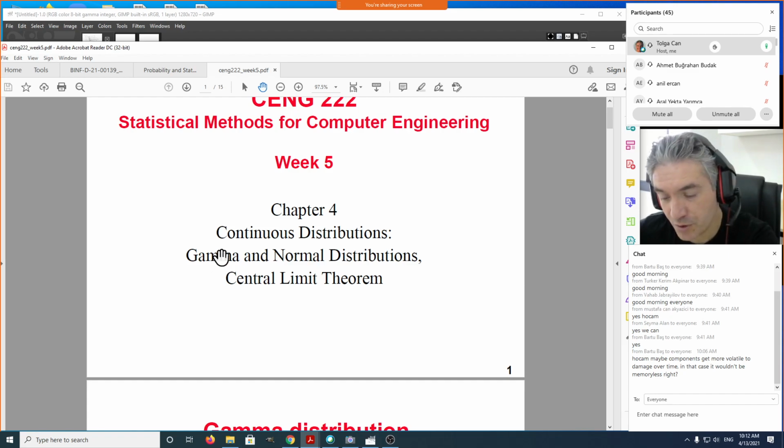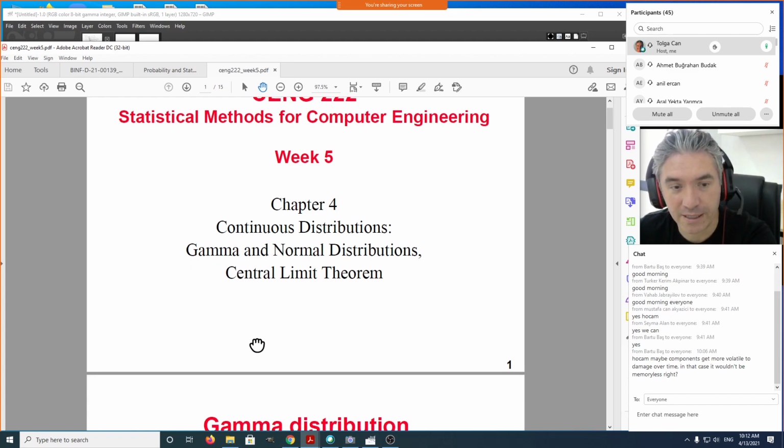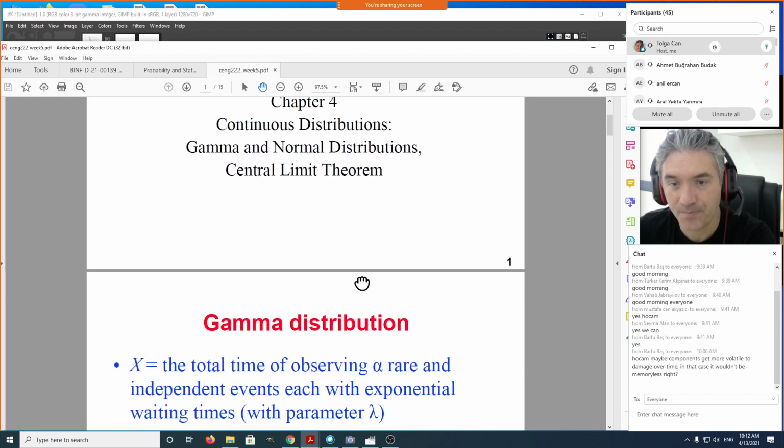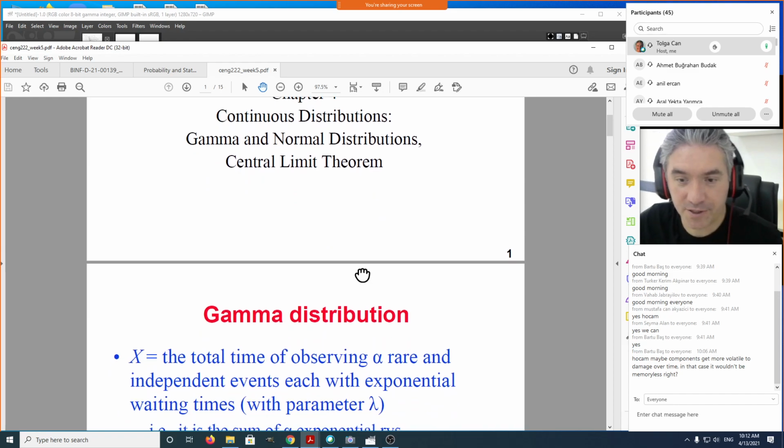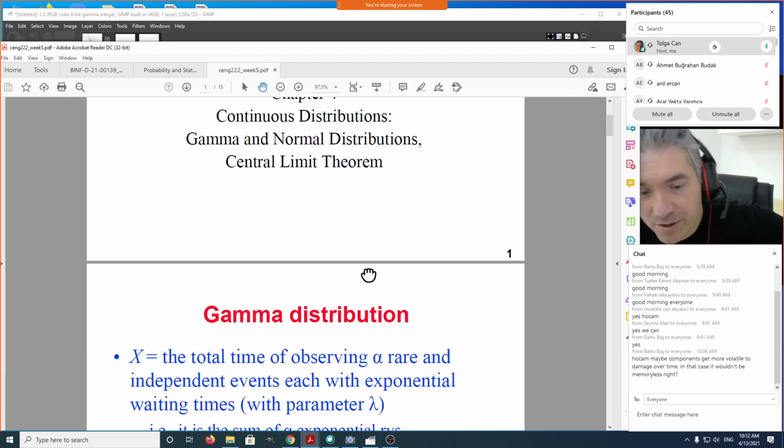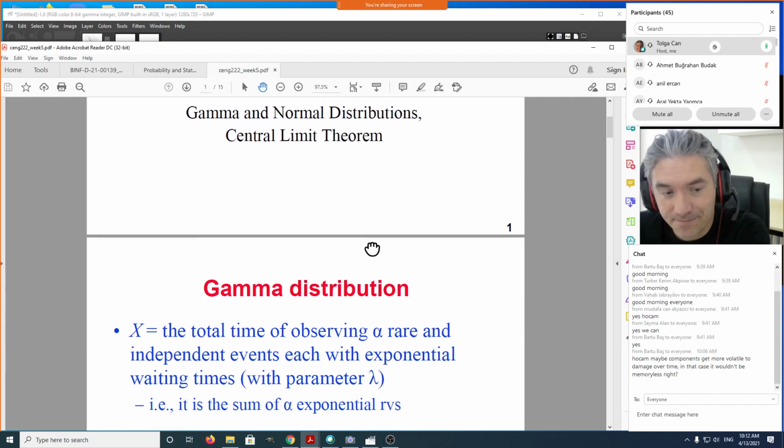So the gamma distribution can be used to model the spending of these resources. We are going to see that it's a generalization of exponential, but interestingly it's not only used to model time, but also these different resources that are spent, like weight or amount of flow or amount of energy.